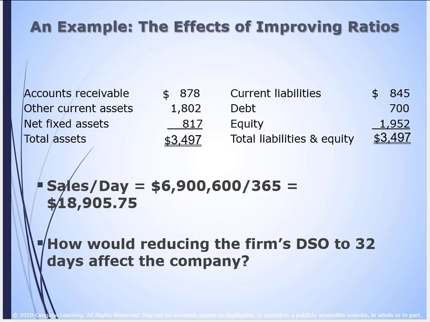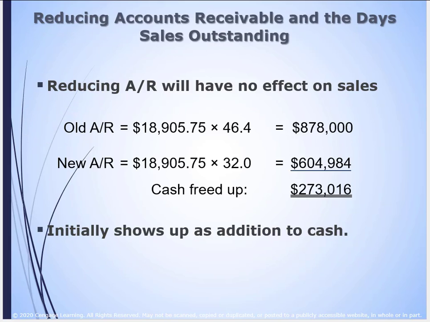Out of 365 days, that gives us $18,905 a day in sales. So what would happen if we can reduce our days sales outstanding to 32? Again, I can't remember exactly where it is, they'll tell us in a second. It's currently at 46. So under the old accounts receivable, how much accounts receivable did we have?